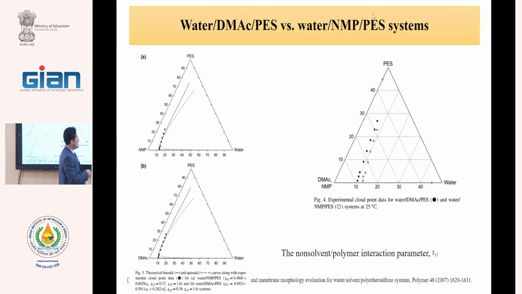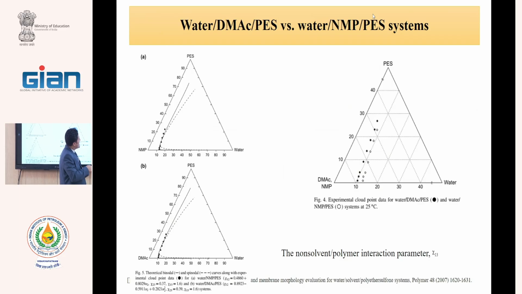I go on. For example, with change of DMAC and NMP, DMAC is on the left and very different in the binodal line. This is the binodal.